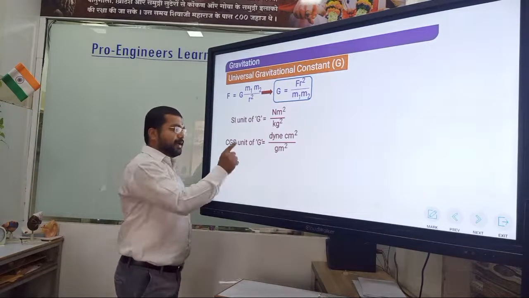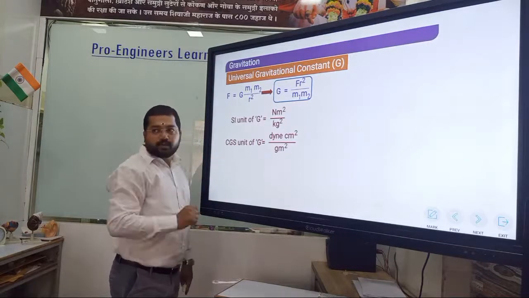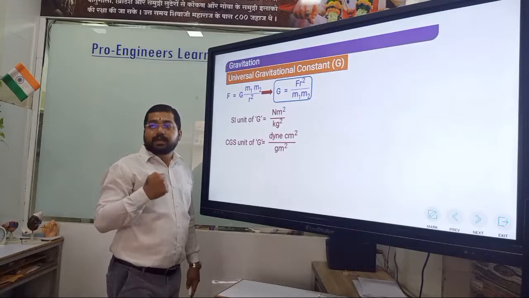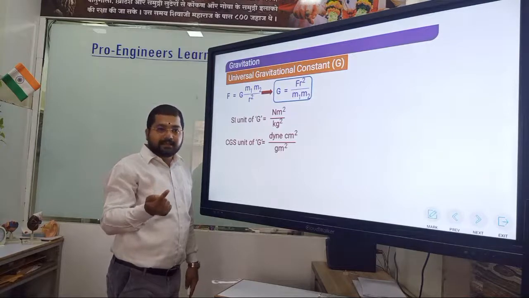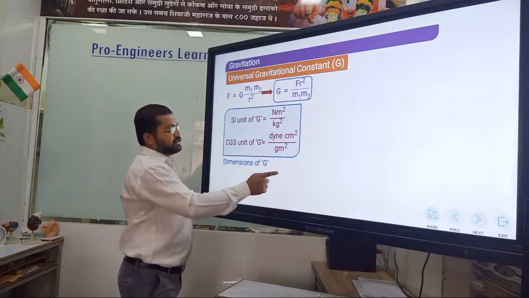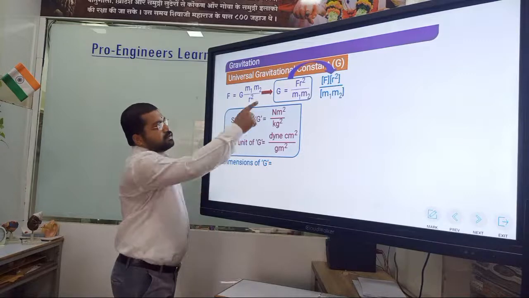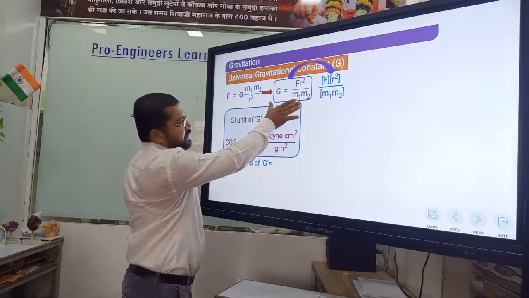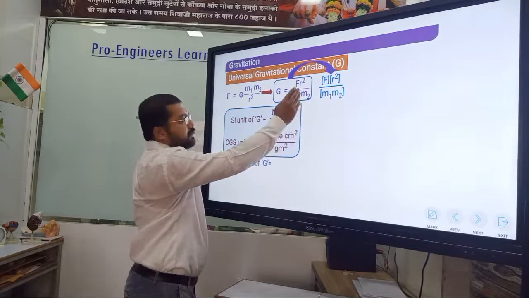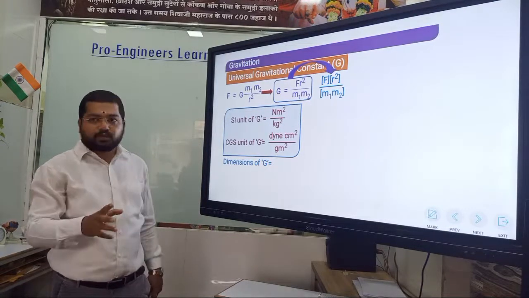So how we can calculate the dimension, that we will see. Dimensions of G: we have separated F, we have separated R square, we will consider M1, M2 separately.